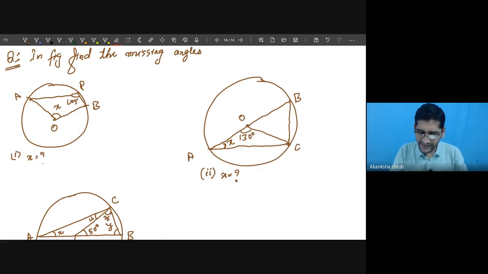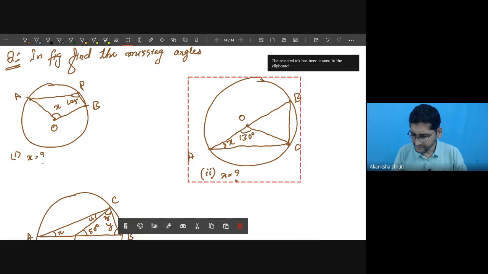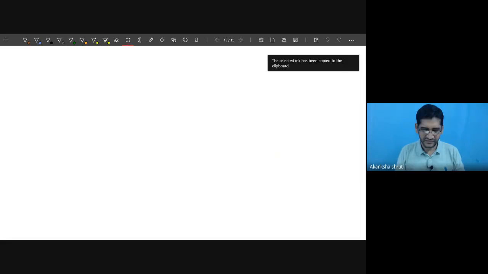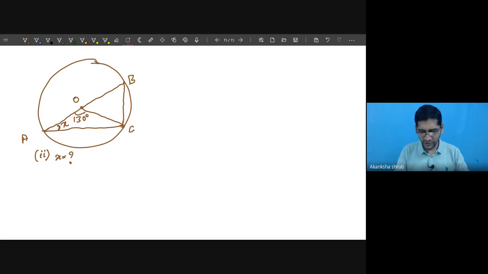What will be the value of X, students? It is such a simple kind of question that it is asked every year, because unless you learn all these concepts, it becomes very difficult for you to understand this circle.